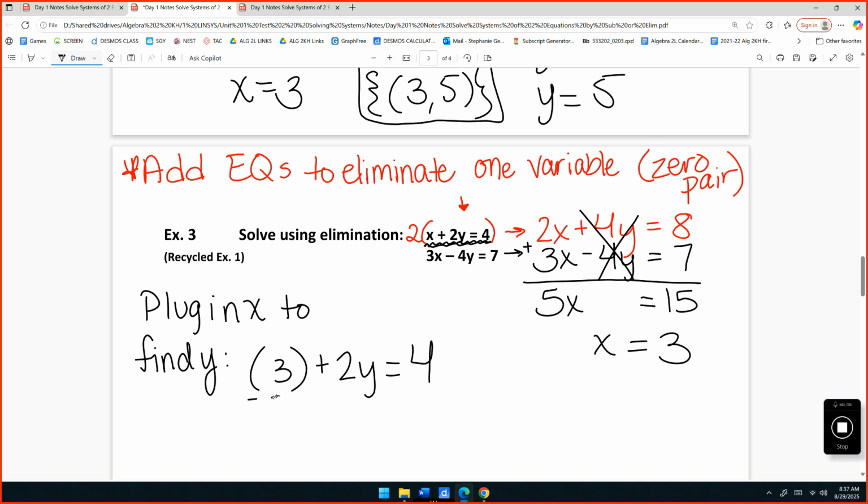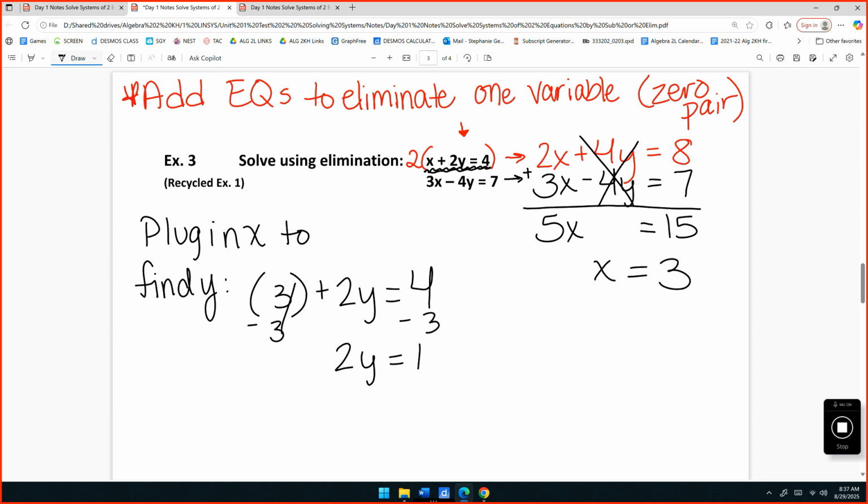So if I subtract 3, 2y is 1. And then divide by 2, y is 1/2. So now I have my x, I have my y, so I can write the solution set 3, 1/2.